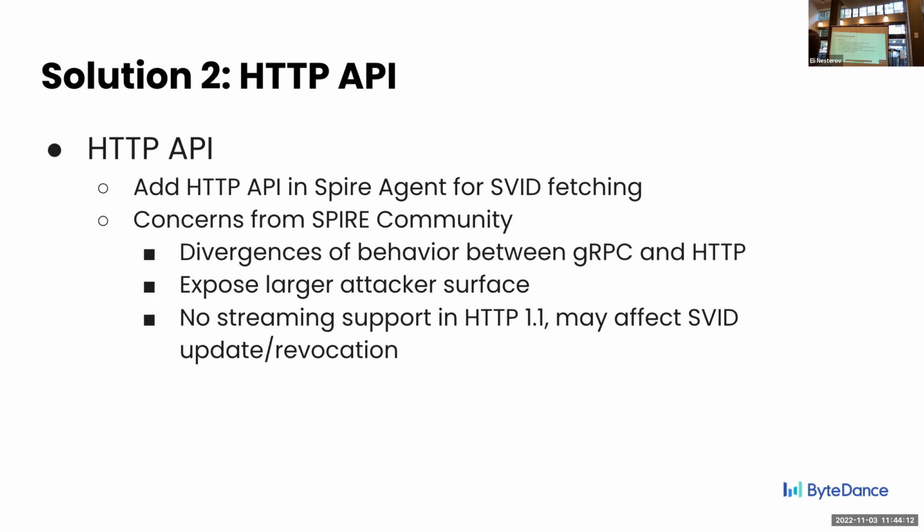They feel the behavior of gRPC and the HTTP API may diverge in the end, and the HTTP API may expose a larger attack surface. There are also some technical issues, like HTTP 1.1 has no streaming support, so it may affect SVID update and revocation. So we just implemented this HTTP API in the agent in our own fork.